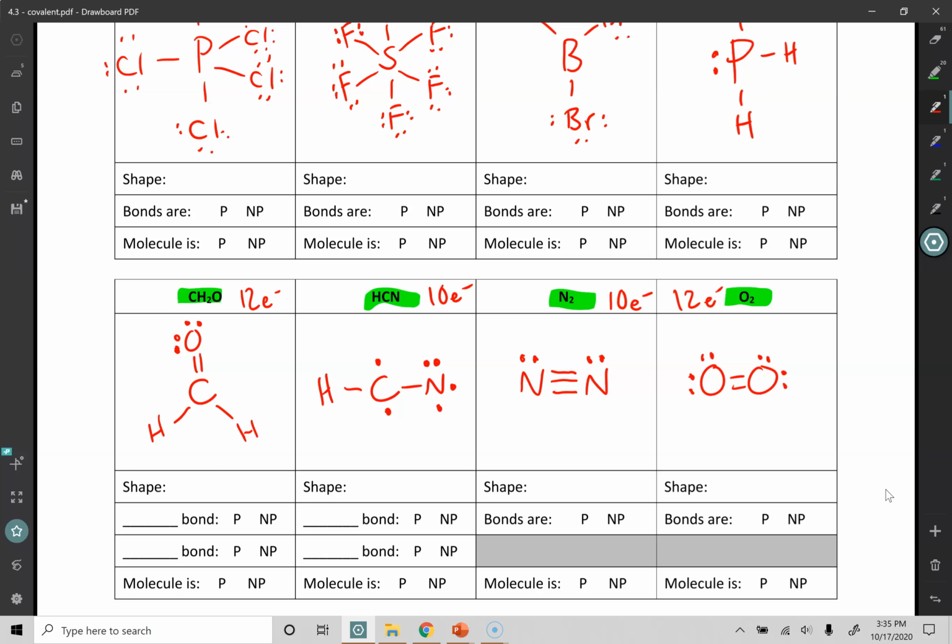Carbon to nitrogen, again, no more electrons, but I don't have complete octets. Instead of drawing 2 pairs of unshared electrons on carbon and nitrogen, take them and turn them into a triple bond. Now I still have 10 electrons in my Lewis structure, but I've got complete octets everywhere.